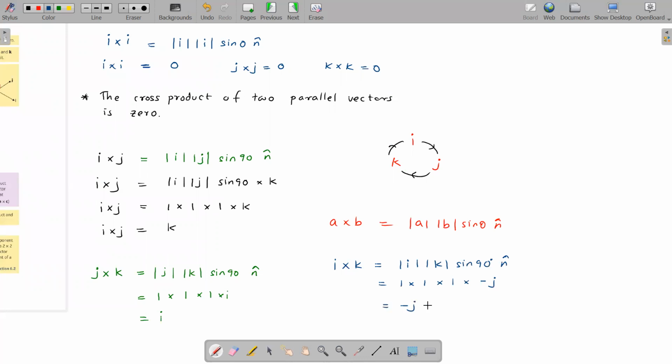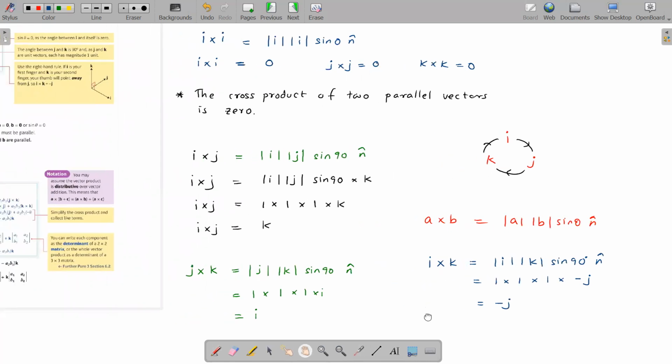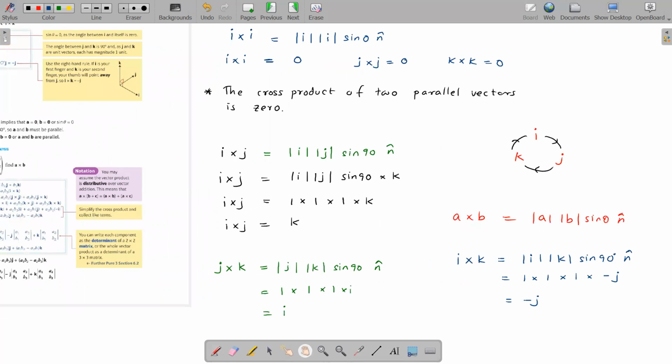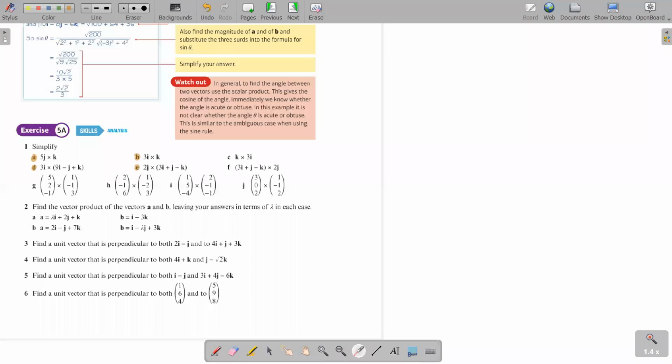Do you understand? It's really simple. This rule is really easy to work with. So this is basically how we use the right hand rule. Okay, shall we go for the next part? Let's go to exercise 5A. Question number 1, part A. So 5j cross k.